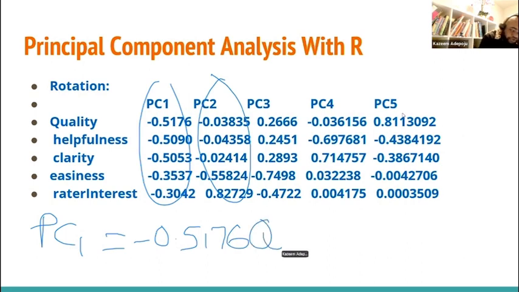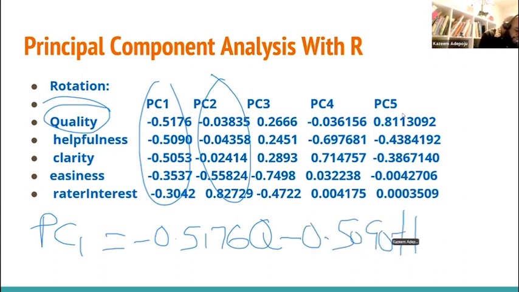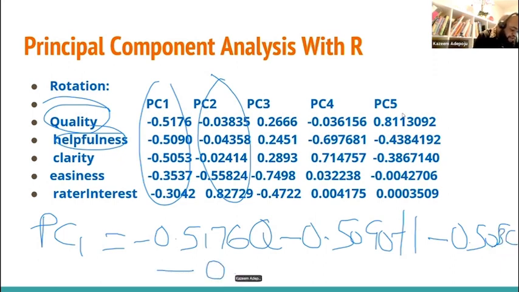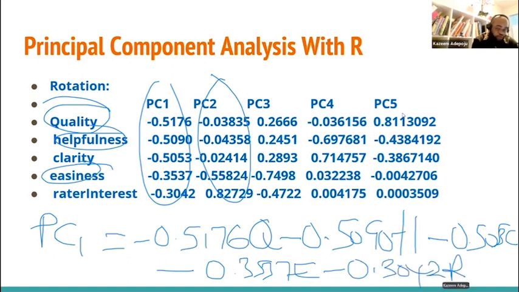I'm not going to write quality in full, I can just say Q, minus 0.5090-ish, that is F-ness, minus 0.5053C, minus 0.3537E, that is easiness, and the last one, minus 0.3042R. So that is the principal component 1.